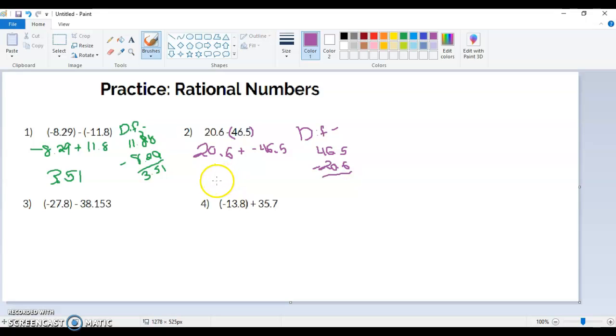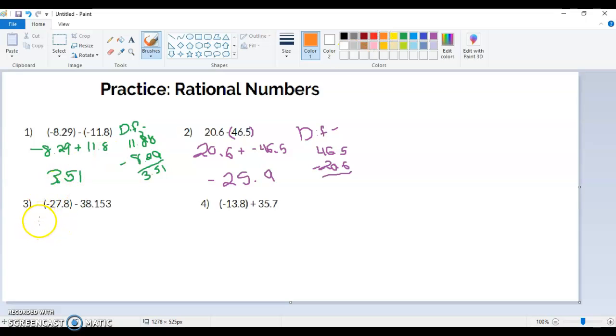Okay, our answer is going to be 25.9, because this 46.5 is farther from 0, it will be a negative, because the 46 was negative in our addition problem.